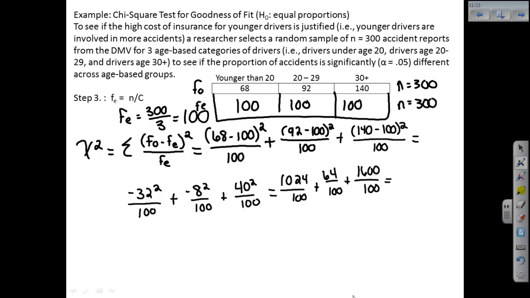So then this becomes, after we divide all these by 100, 10.24 plus 0.64 plus 16. And you add those together, and you get 26.88 for your chi-square statistic.